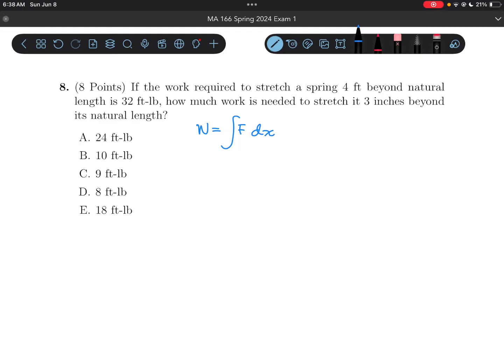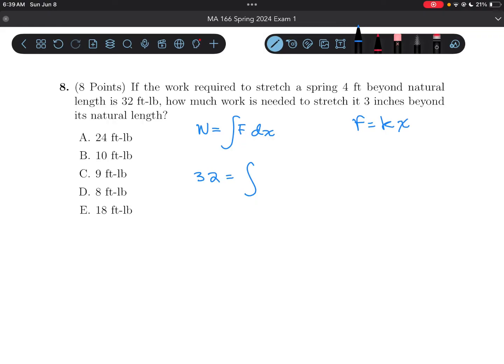Okay, and then we also have the equation for Hooke's law, which states that force is equal to k, which is the spring constant, times x. Right now they tell us that 32 is the amount of force we need to stretch it 4 feet beyond its natural length.